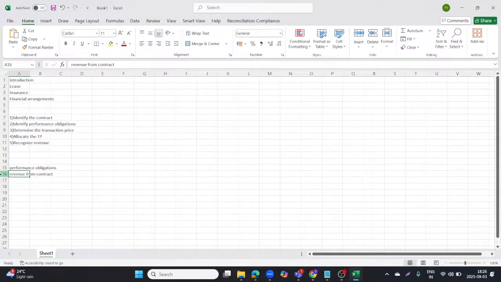Then we need to show the contract balances, that means the opening and closing balances of contract assets, contract liabilities and receivables. Revenue recognized in the period that was included in opening contract liabilities and from performance obligations wholly or partially satisfied in prior periods.